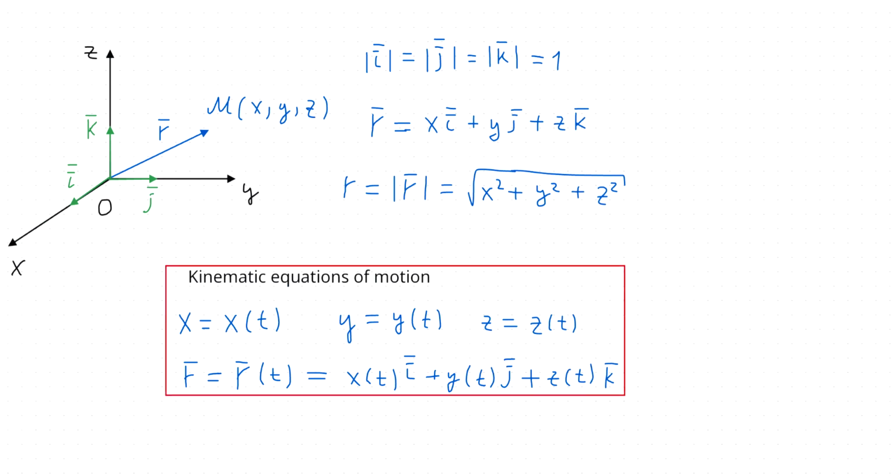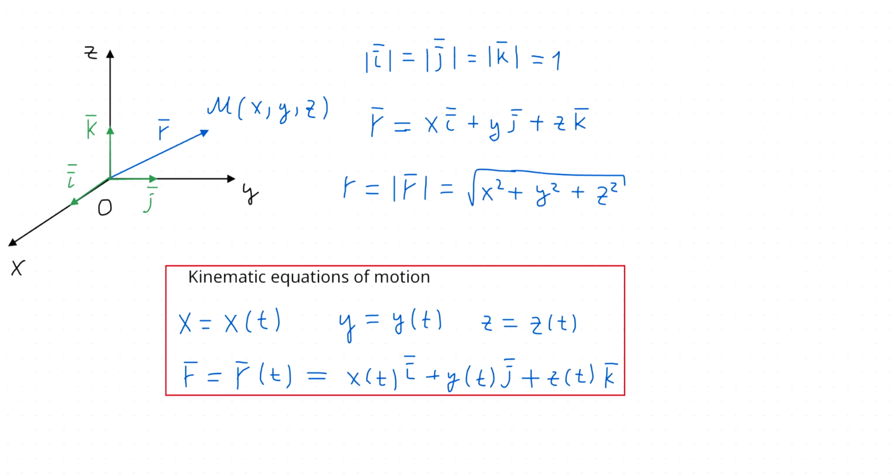And sometimes it is necessary to define the trajectory of a material point. As you know, if we have a material point in motion, it always moves along some geometric line. And this geometric line is known as trajectory.